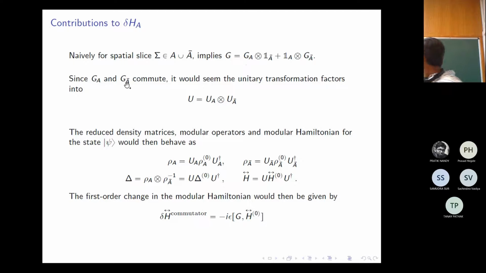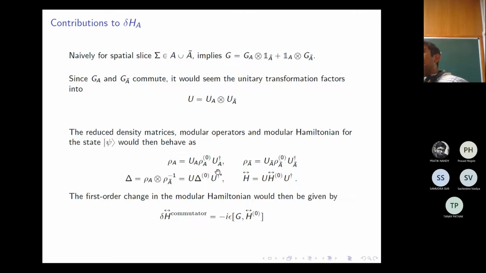Now since G A and G A bar commute, because I have taken this spacelike slice, it would seem that the unitary transformation factors into U equals U A tensor U A bar. You just exponentiate. And then you can show that the reduced density matrices, if I am still adamant and want to define some rho A and rho A bar, and the modular operators and modular Hamiltonians in the excited state psi, will behave simply by this unitary transformation.